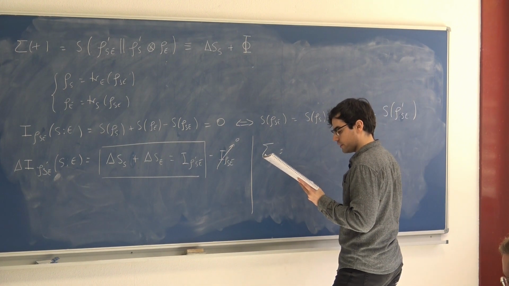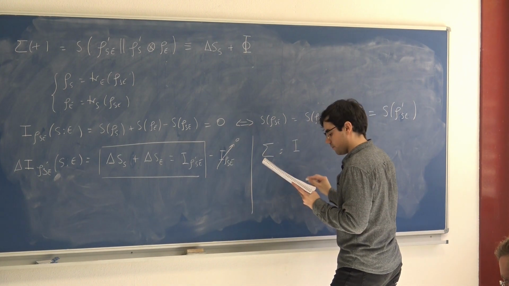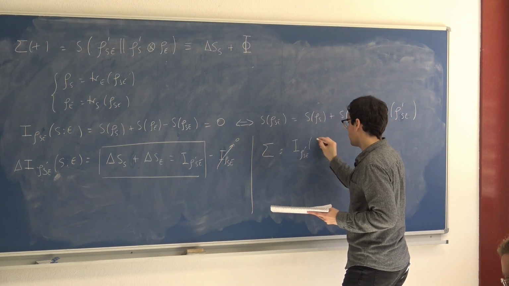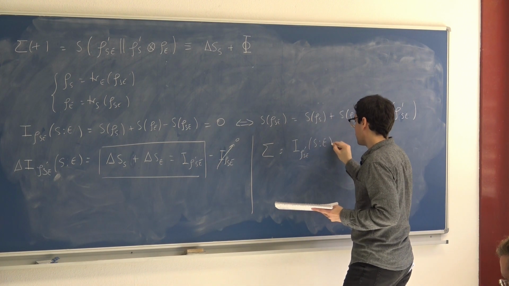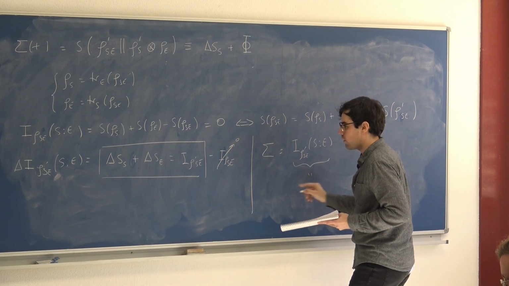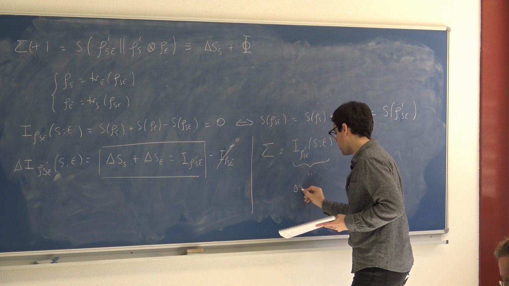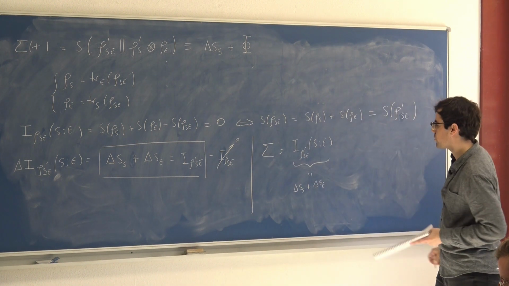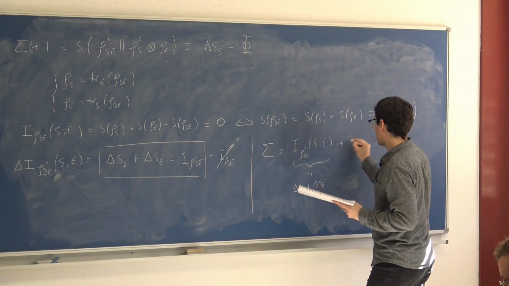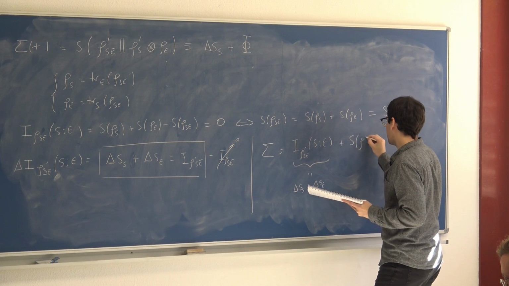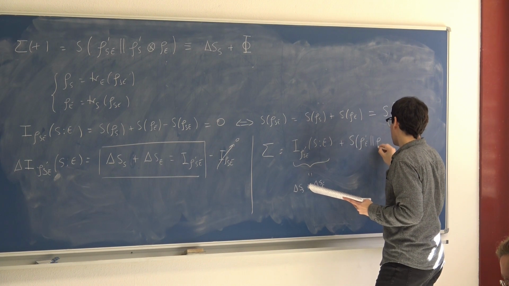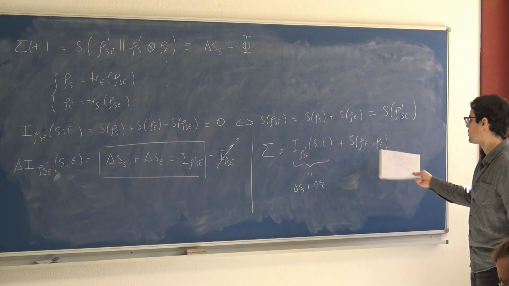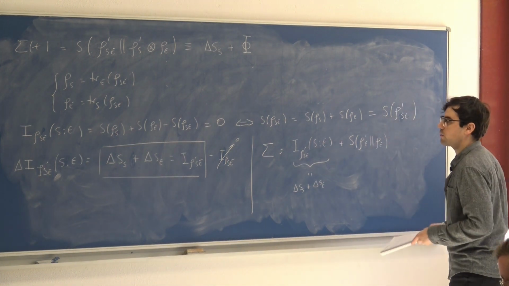We'll have that this first term will be equal to these two sums plus the relative entropy of the initial state of your bath and the final state of your bath.